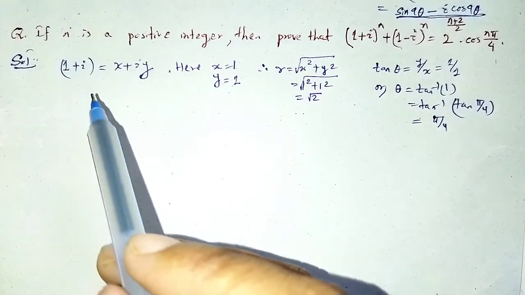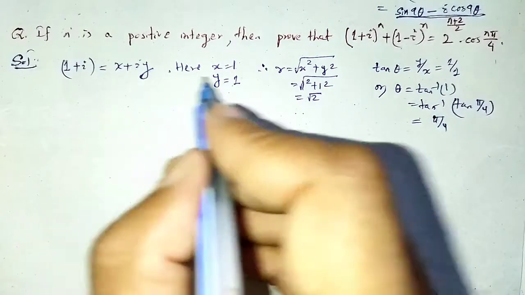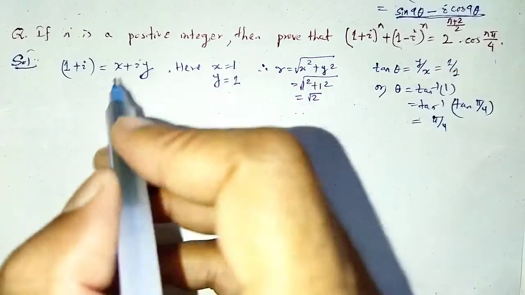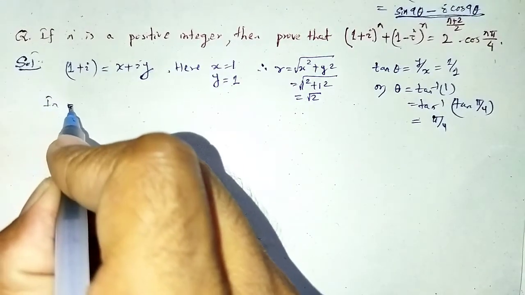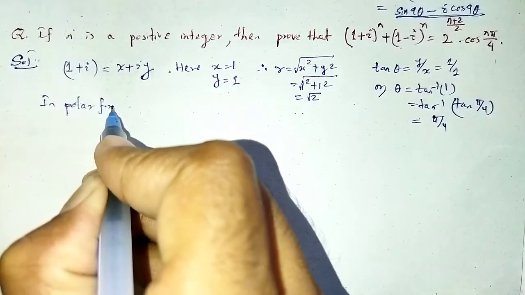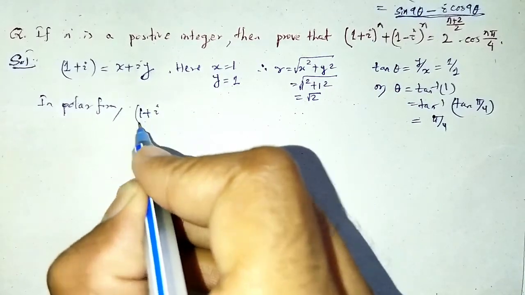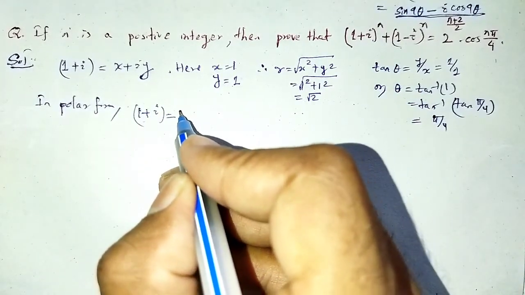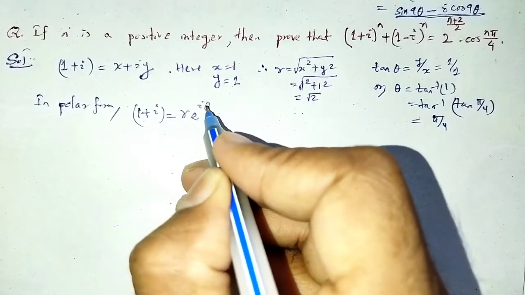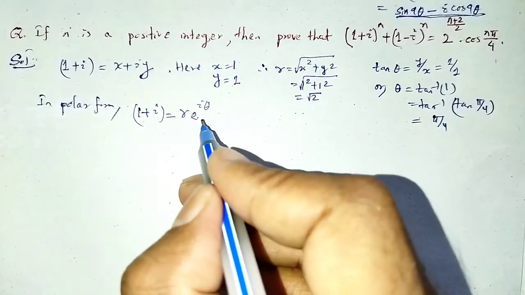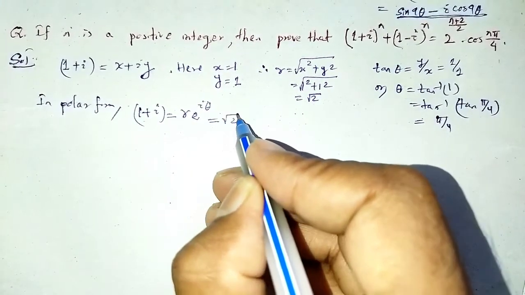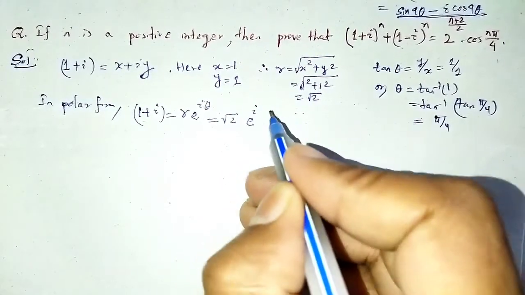This is in Cartesian form. So in polar form, 1 plus i is written as r into e to the power i theta. These values are put here. So r is equal to root 2, e to the power i theta with theta equal to pi by 4.